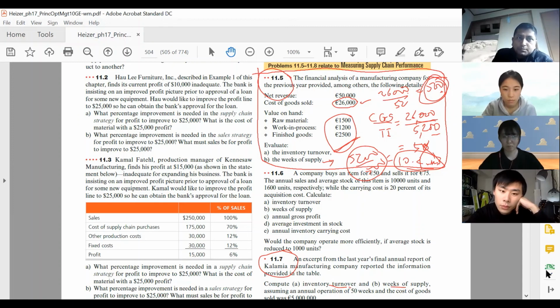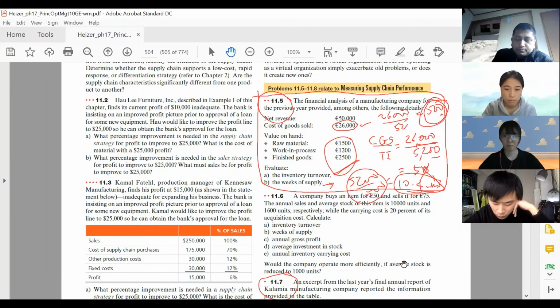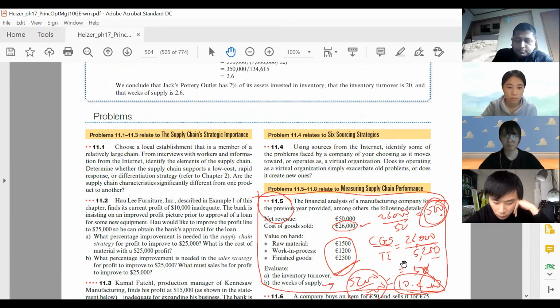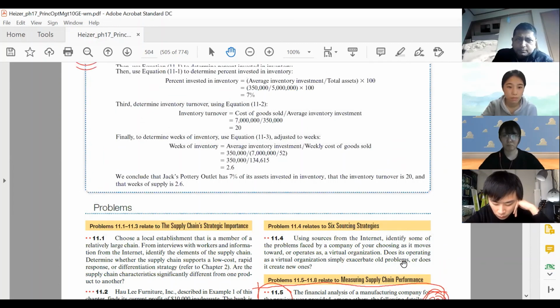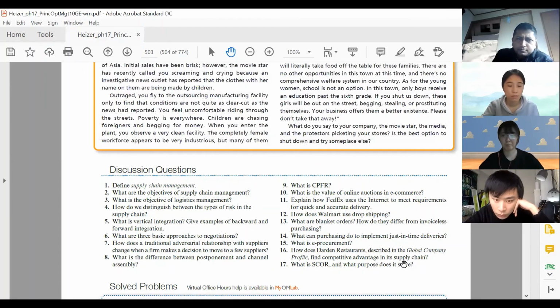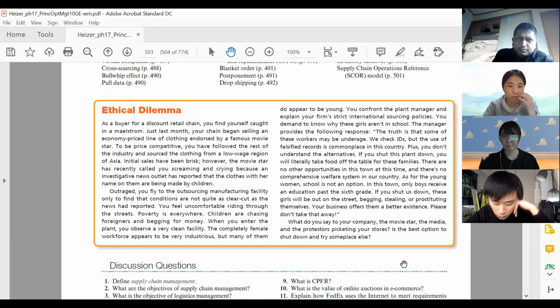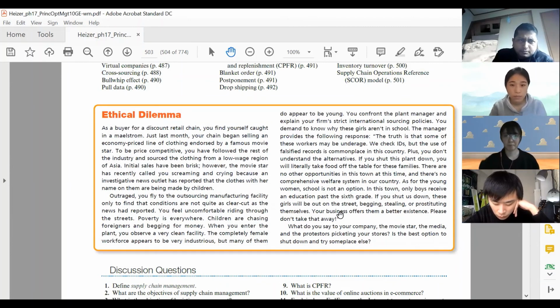Right, any questions? Any specific questions that you want to ask about reading this case study, this so-called ethical dilemma? That's why I asked the question just now.